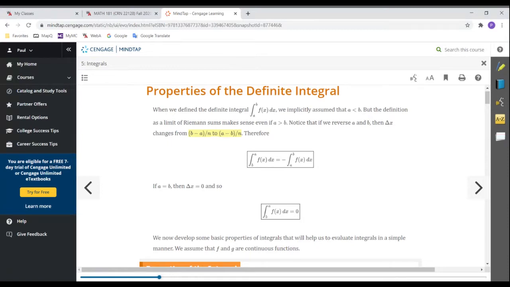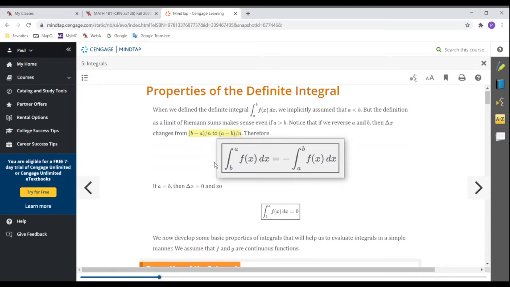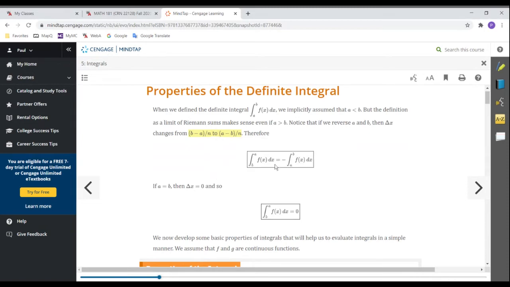But if your integral goes from b to a, if the lower limit is b and the upper limit is a, then your delta x is going to be a minus b over n. But a minus b divided by n is the negative of b minus a over n. And so that's how the negative gets introduced in this formula here.